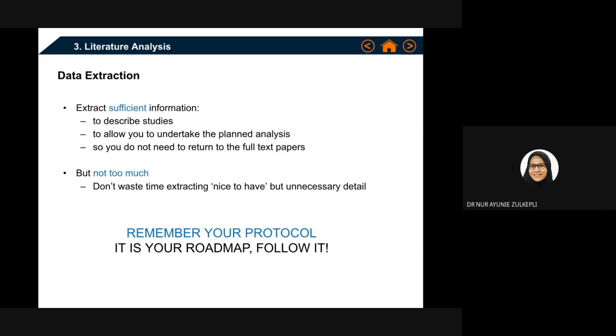I get lots of questions, like, I don't know which point I want to take from that full-text article. Everything seems interesting to you, so you don't know which part you want to analyze, right? It's better to be clear about what you want to analyze.